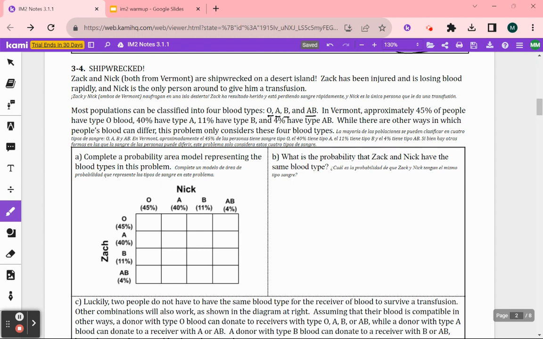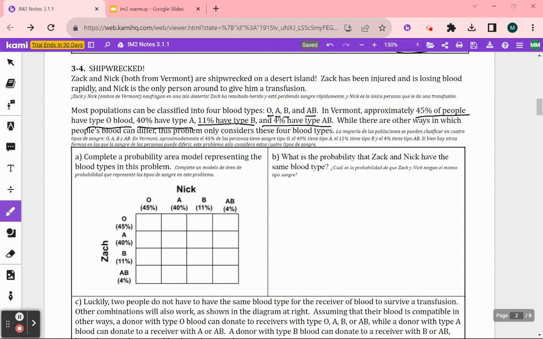If you've participated in a blood drive, you probably know your blood type. Not everybody has. Anyway, in Vermont, about 45% of people have type O blood, 40% have type A blood, 11% type B, and 4% type AB.